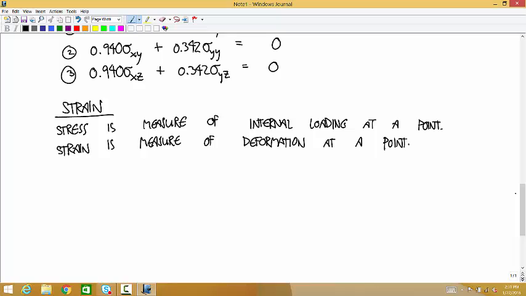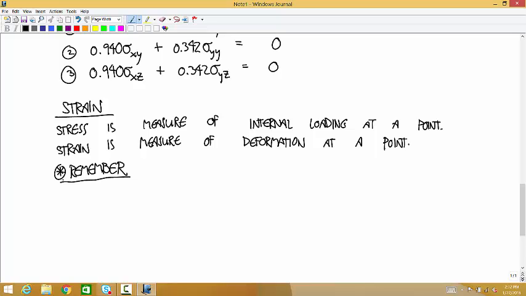And before I get started with this, one thing you need to remember is, since the pictures I'm drawing are meant to illustrate a deformation, I'm going to draw big enough deformations for you to see them.